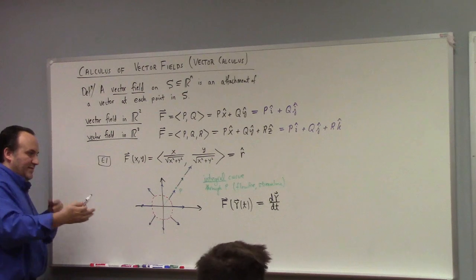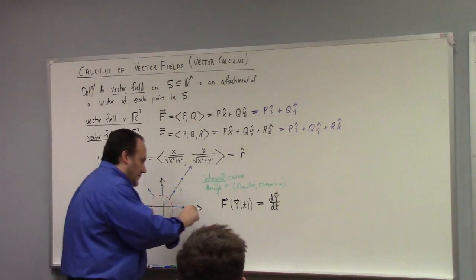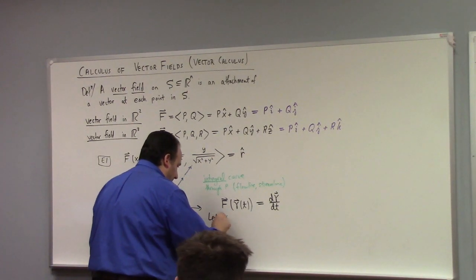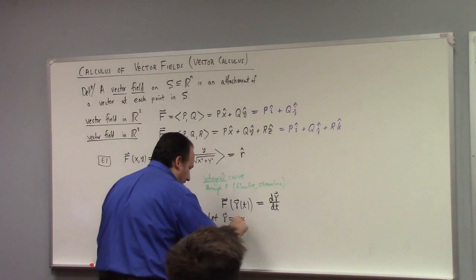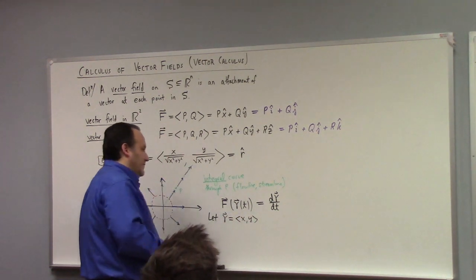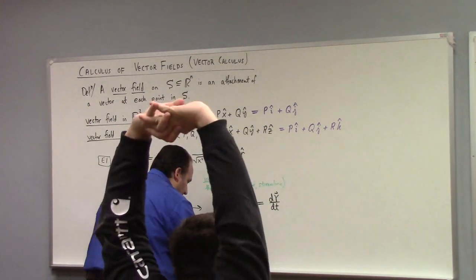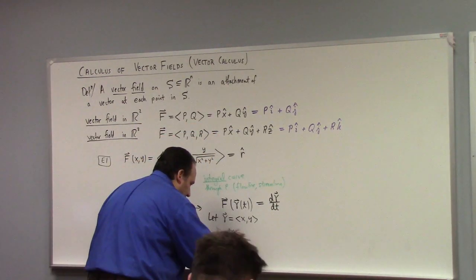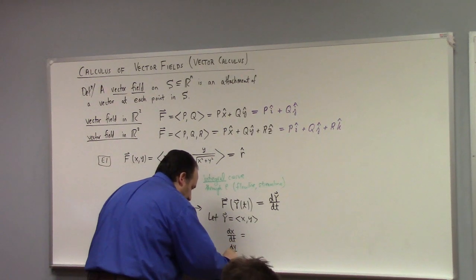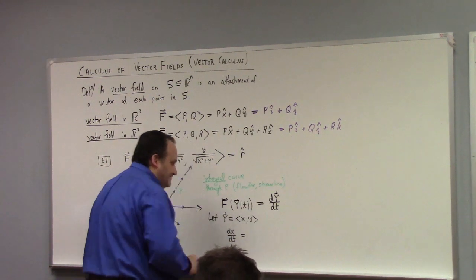But what that means, if we let gamma equal x comma y, is that what we're trying to solve in this context is dx/dt and dy/dt equal to certain things, right?